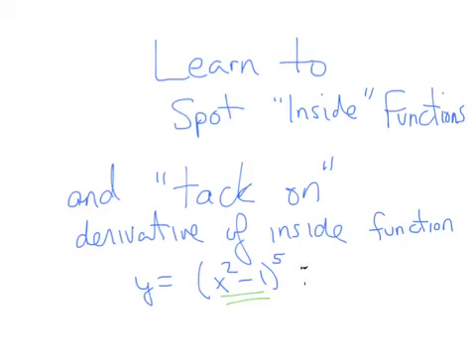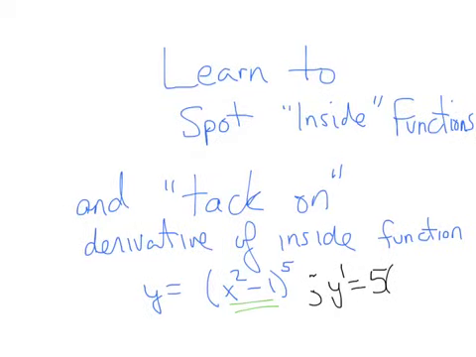So in this example, y prime would be, you throw the 5 out front, the base stays the same at x squared minus 1. The exponent goes down by 1, but then you tack on the derivative of the inside function, which would be 2x. So the final answer here would be 10x, x squared minus 1, all to the 4th power.